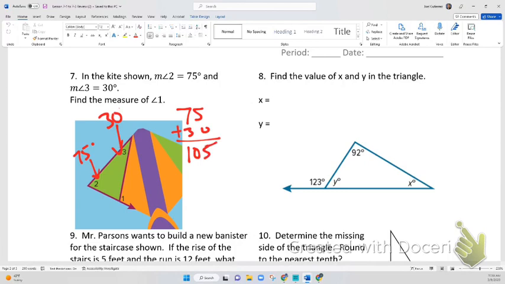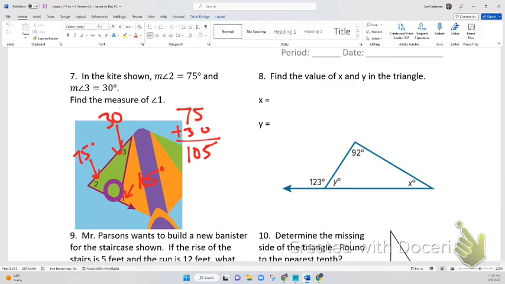The 2 interior angles will always be the same as the exterior angle, so that means that angle 1 will also be 105 degrees. Another way of doing it is you could have added 75 plus 30, figured out what this interior angle is, and then subtracted it from 180, but you would have gotten the same exact answer, which is just 105 degrees.